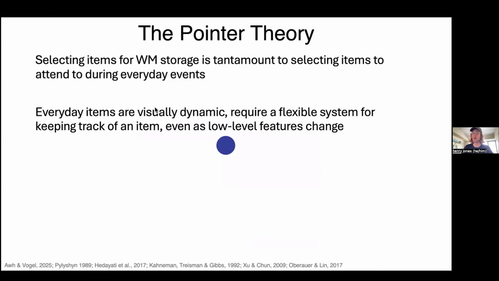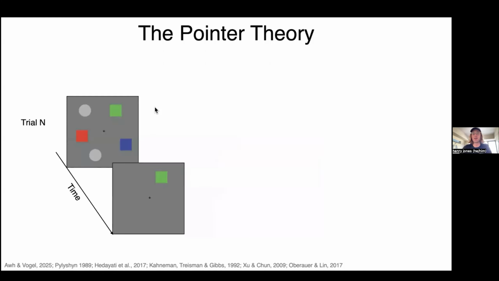To solve this dynamic problem, Pylyshyn proposed that our visual cognition relies on an abstract indexing operation that links our representation of the ball to its trajectory across space and time. We can then use that link to update low-level features of the ball, like its color, without breaking a sense of identity. Sorry if you could hear the train that just went by.